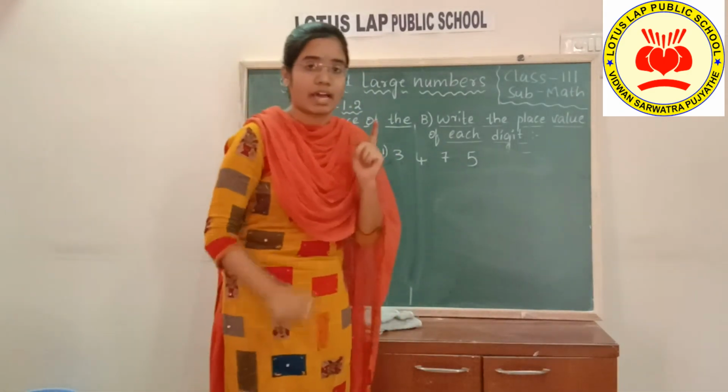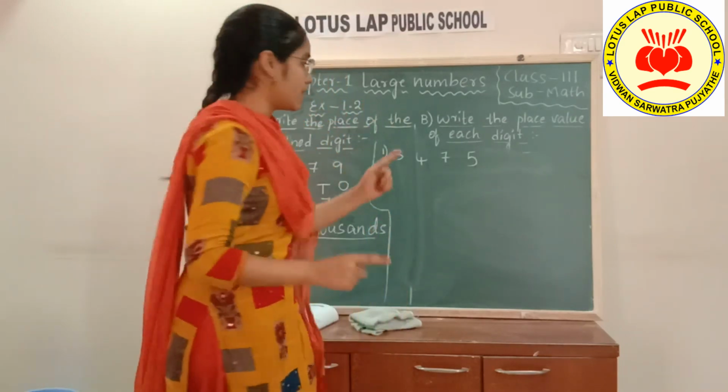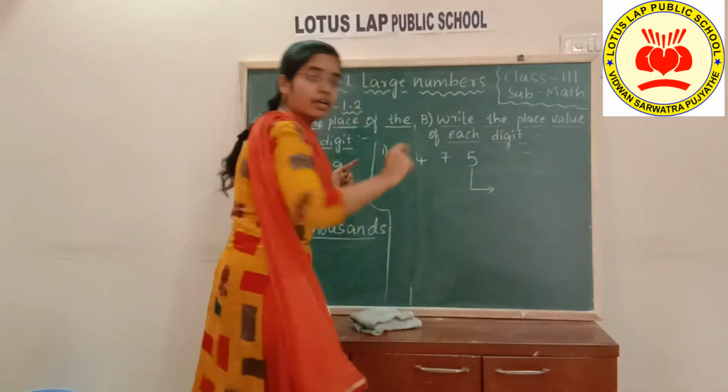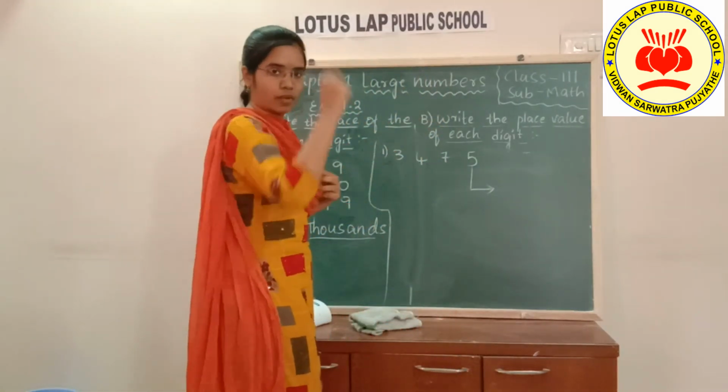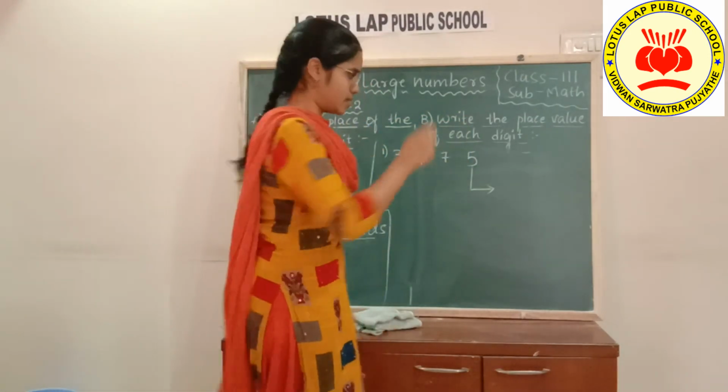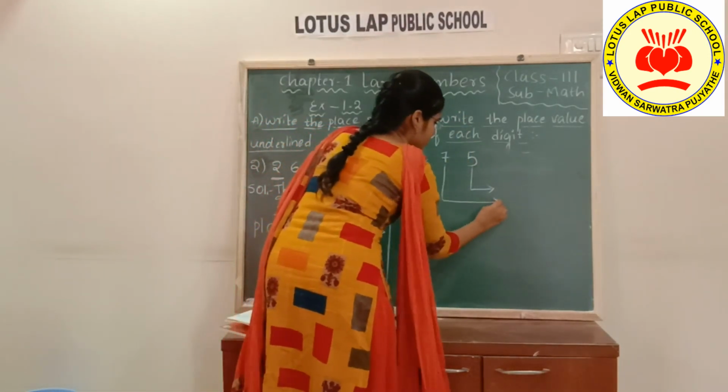While explaining the place value concept, I took an example and drew arrows to show the place value of that particular digit. You need to follow the same method to write the place value of each digit. So we shall arrange the arrows first.